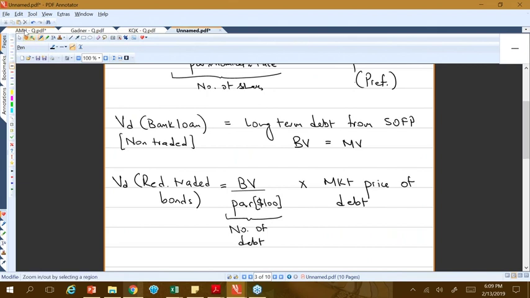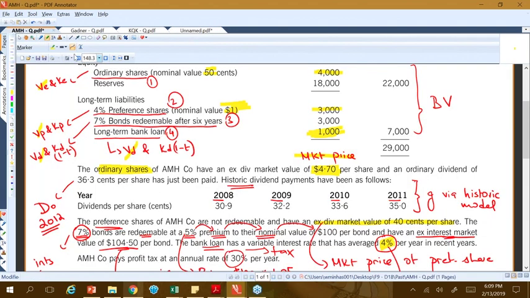So let's take the book value. The book value is given here nice and straight, which is $3 million. Par value is 100. And the market price of the redeemable debt given in the question is 104.5.